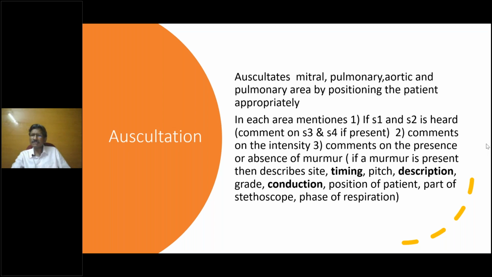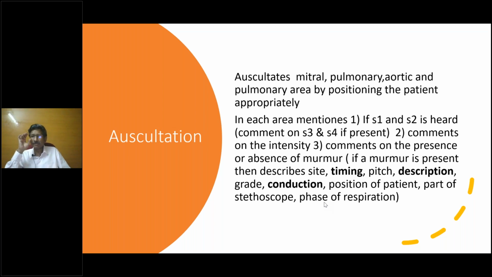What happens to the sound? Nobody has actually mentioned the sound in auscultation. Most of you have given only the murmur. Okay. So which sound will be muffled? Haridev has mentioned muffled. Which sound will be muffled? Okay.